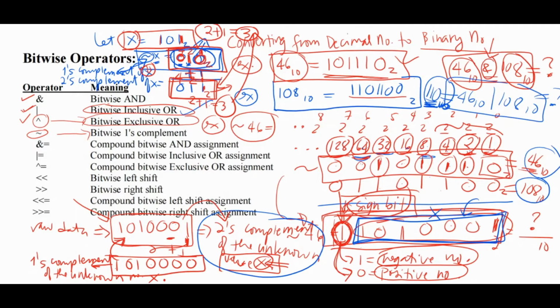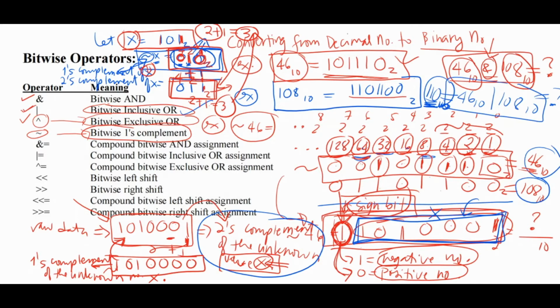Now that we have the 1's complement, what is x? Given the 1's complement of x, to get x, all we have to do is apply the bitwise 1's complement, the not of x, so that we will get x.